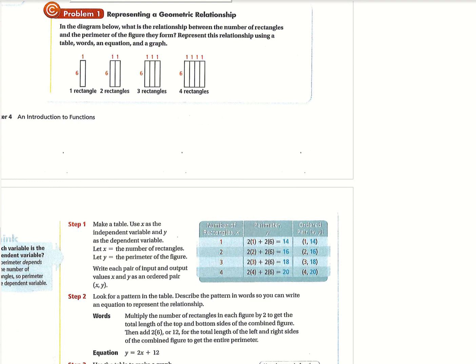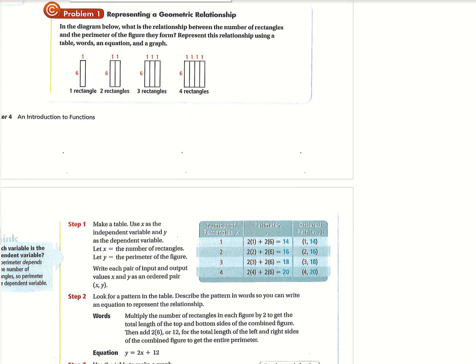So you can see pictures and just kind of how they work. They're adding on a rectangle each time, and then the perimeter goes up each time.